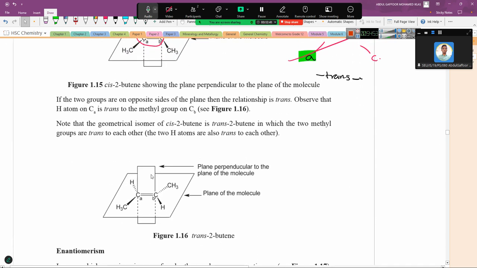When we name this one, that is not actually necessary, but for a perfect nomenclature, we have to mention the stereoisomerism also. That's why we are studying it, right? So if you name this 2-butene, that is also okay. But if you want to consider the stereoisomerism also, we have to mention the arrangement, whether it's trans or cis.